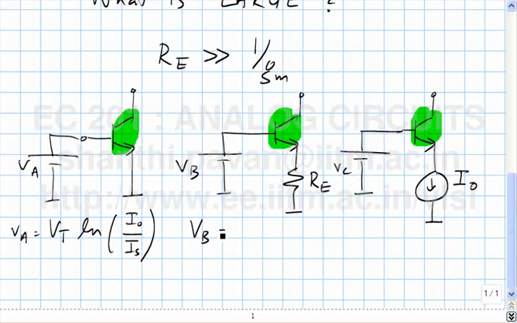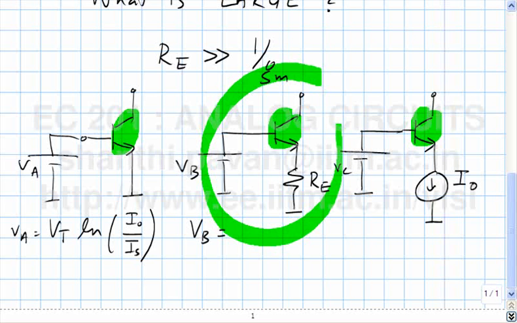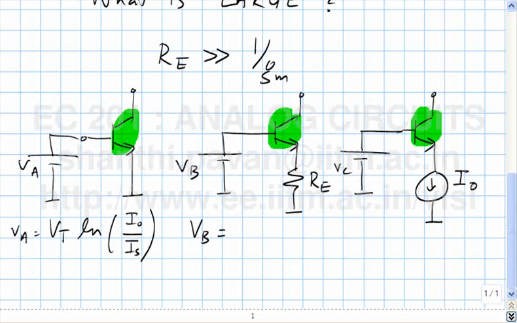What voltage should I apply at the base in this case so as to have a collector current equal to I naught? Yeah, it's nothing but VA plus I naught RE. Okay. What about VC?